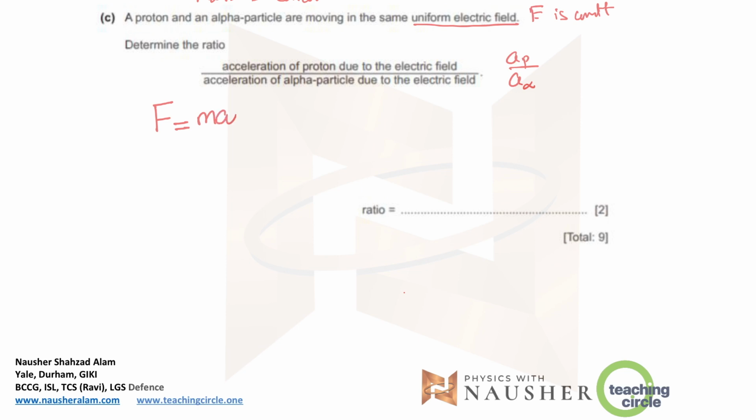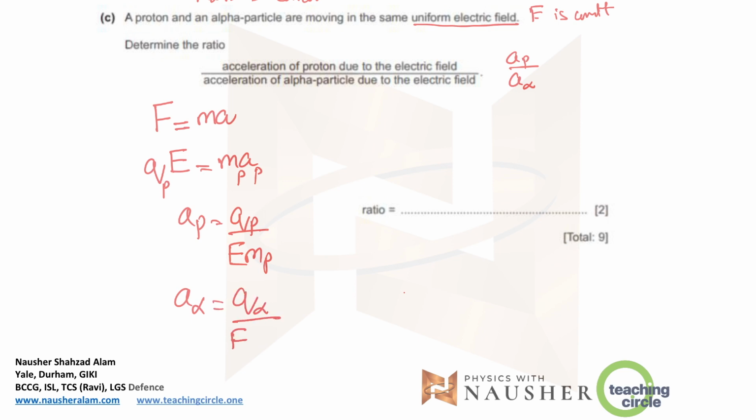You know that the force is Q times E, charge into electric field strength, which equals ma. So acceleration of the proton would be QP over E into MP. And similarly, acceleration of the alpha particle would be charge on the alpha particle divided by the electric field strength into the mass of the alpha particle.